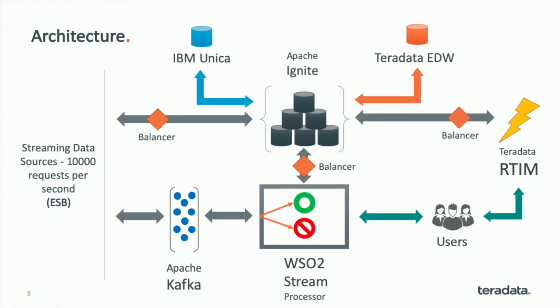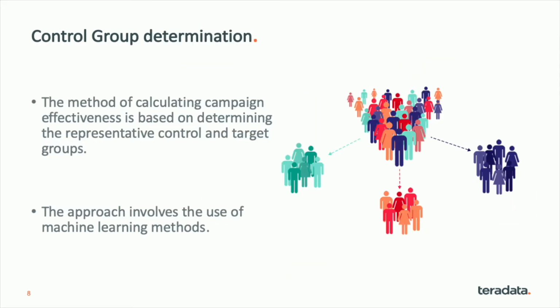Okay, so I would like to stop sharing and give you the control group determination explanation. Yep, Fedor can help me with it. As Alexei previously said, one of the most important features which we build on top of Apache Ignite is control group selection.